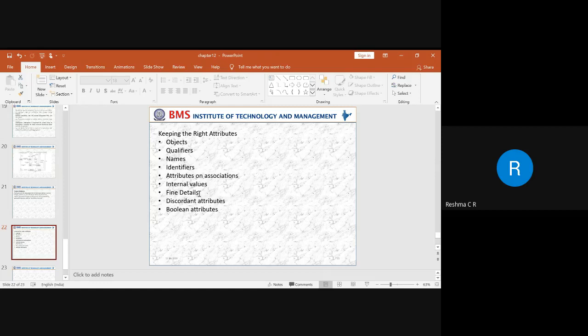These are the different ways of keeping the right attributes. The description of all these attributes, how we keep the right attributes, I will discuss in tomorrow's class. Any doubts on this?